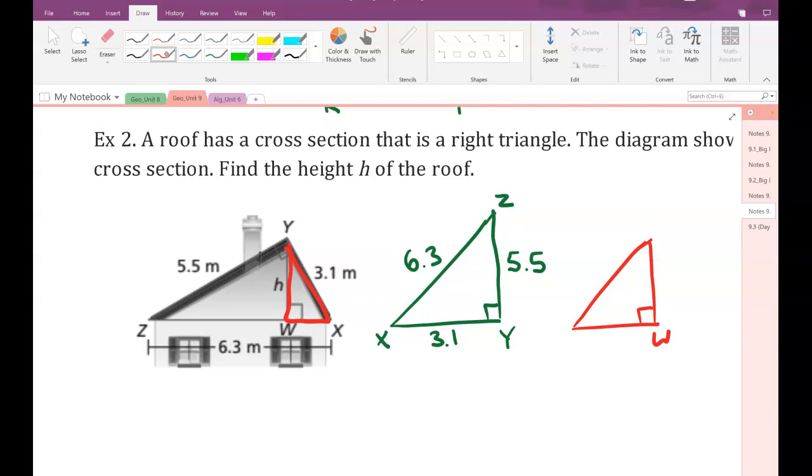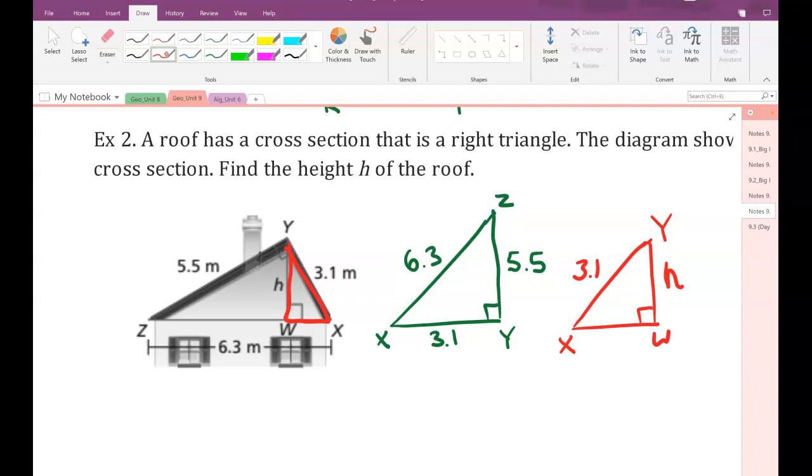This angle here is x, because I just did a mirror reflection of this one. So this is x here, and y would be up top. So you can see now on this triangle, y to w is h. And we're also given y to x, which is 3.1.